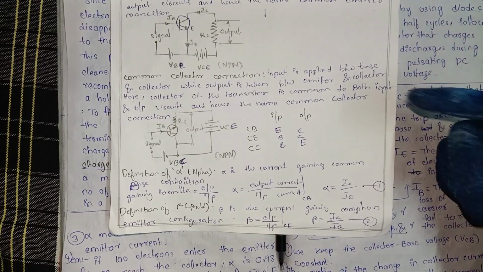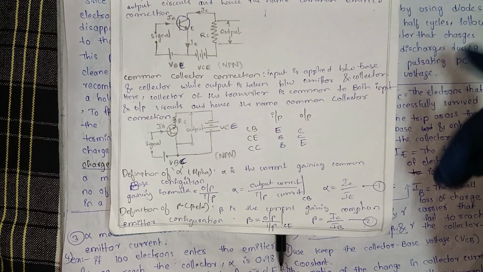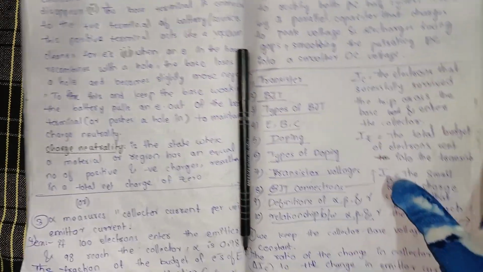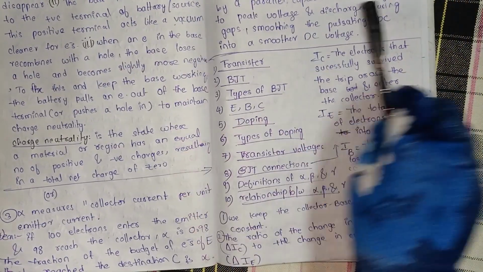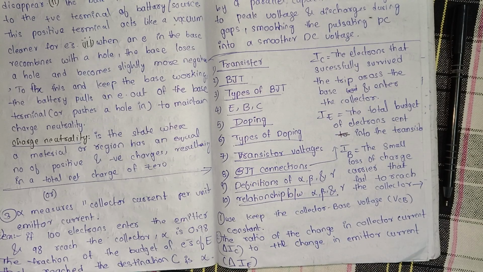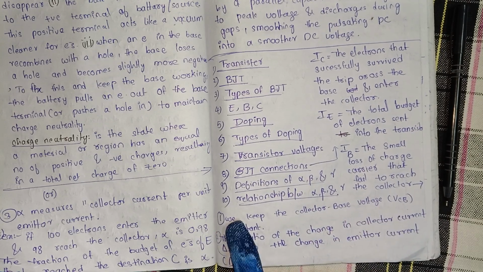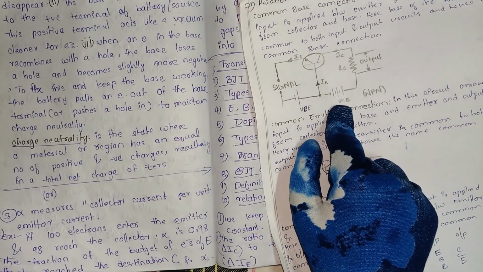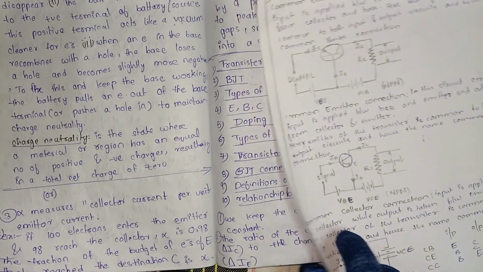To understand more clearly what alpha is, I have explained with an example also. We keep the collector-base voltage VCB constant.